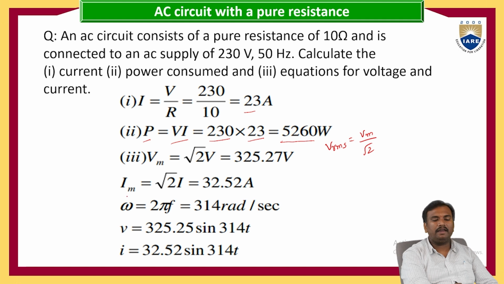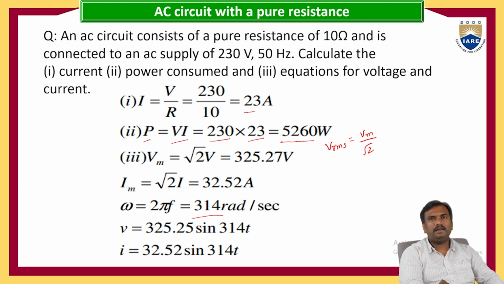In the same way, Im is equal to root 2 into I, that is 32.52. And angular velocity omega is equal to 2 pi f, that is 100 pi, since f is 50 hertz, which is nothing but 314 radians per second.